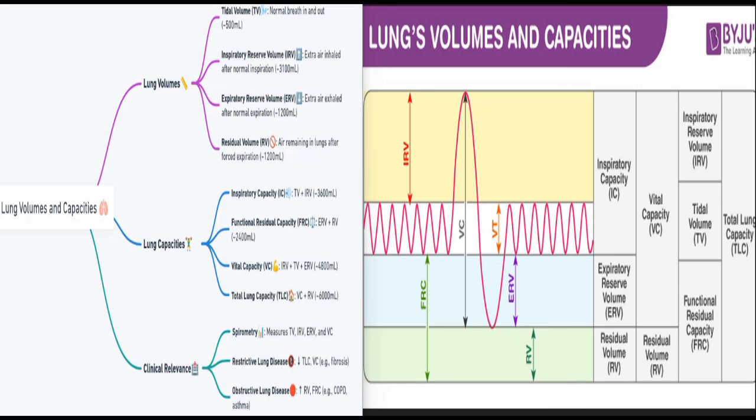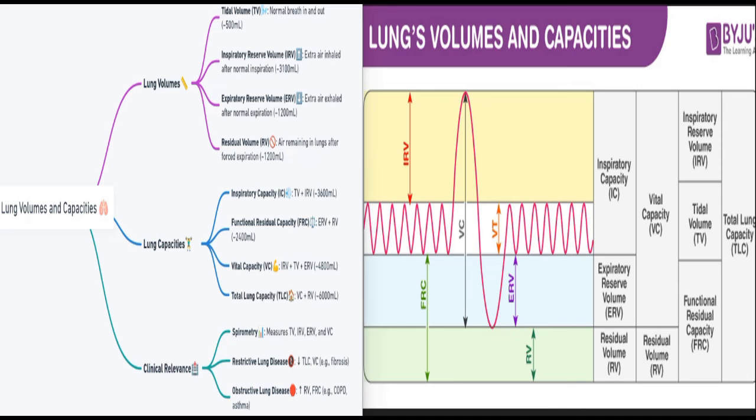Alright, so with a pre-bronchodilator FEV1 of 2.0 and a post-bronchodilator FEV1 of 2.3 liters, you can see the change in FEV1 from 2.0 to 2.3 liters will be 300 mils, which exceeds the 200 mils.